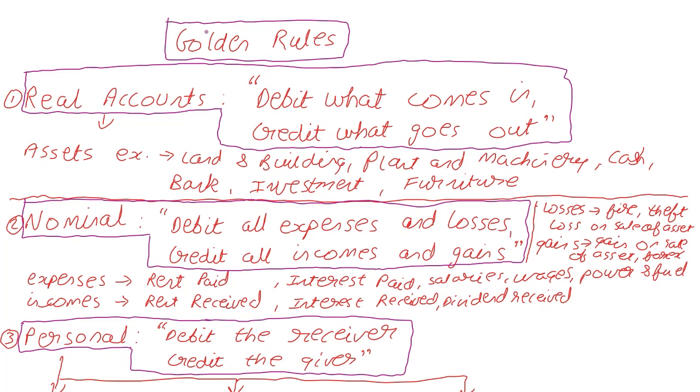A lot of the adjustments, a lot of the standard journal entries, which you will learn later on, are based on these three golden rules. There are lots of chapters going forward where I've never really memorized formats and standard journal entries. I simply follow the golden rules and I'm able to solve the sums. So go ahead, memorize this, and be ready for the next set of videos. Any doubts, feel free to ask.